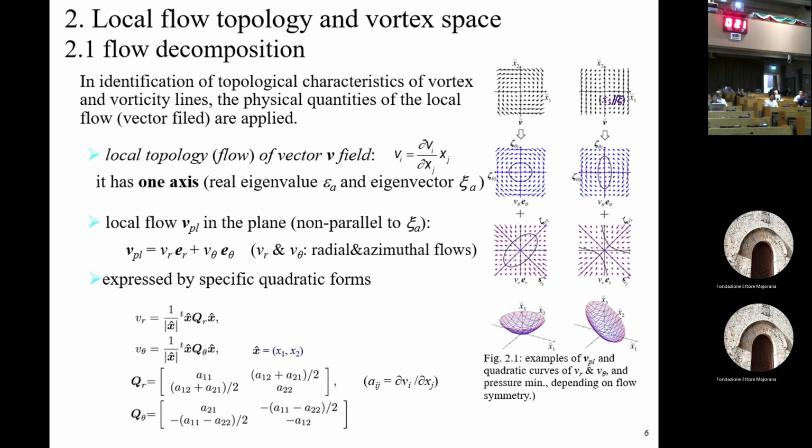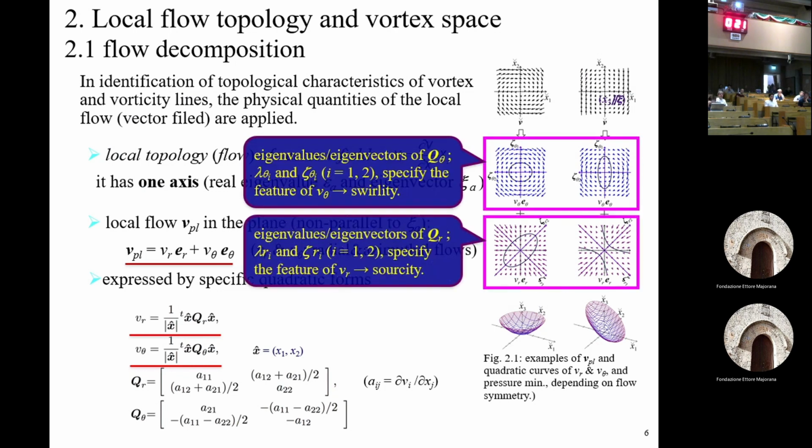So local flow in an arbitrary plane that is non-parallel to the real eigenvector can be decomposed into radial and azimuthal components, and they are expressed by specific quadratic forms in these equations. The eigenvalues and eigenvectors of the respective quadratic forms specify the features of the azimuthal component and radial component.